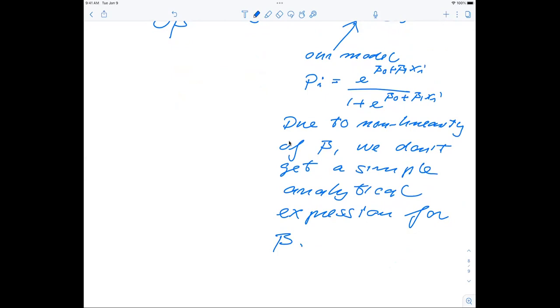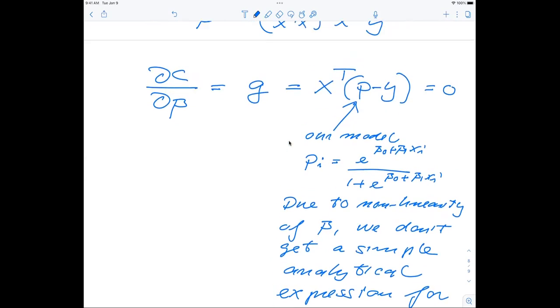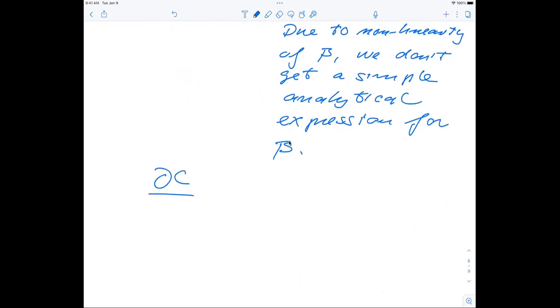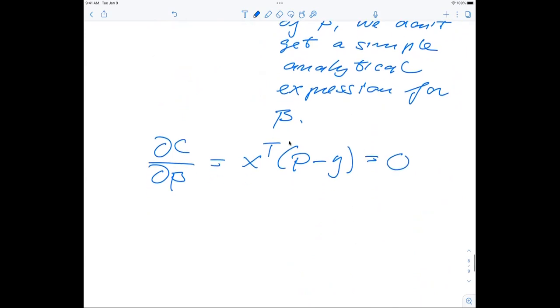So if you look at the problem, we actually want this dC d beta, which is given by the design matrix transposed times the probabilities minus the output, equal to 0. This is the same as trying to find the zero of a function, finding the root of a function. If you spool back in time and look at some famous numerical algorithms, which one comes to your mind for finding the roots of a function?